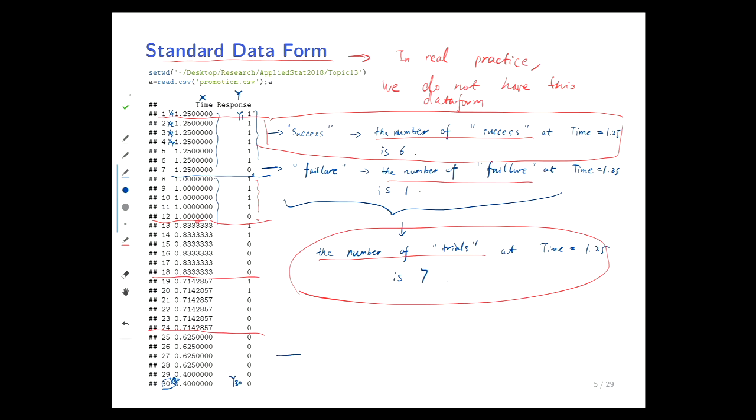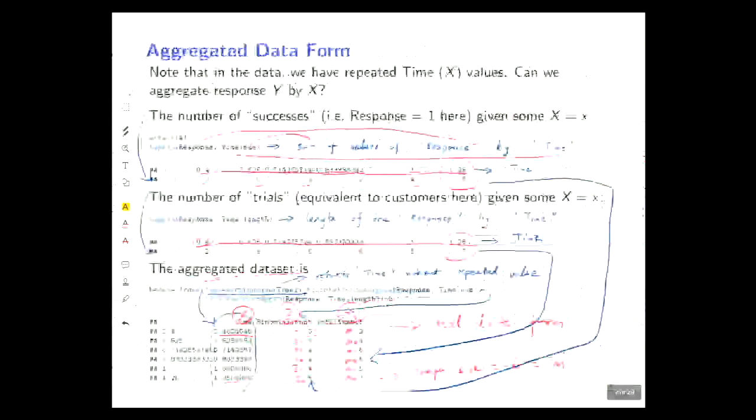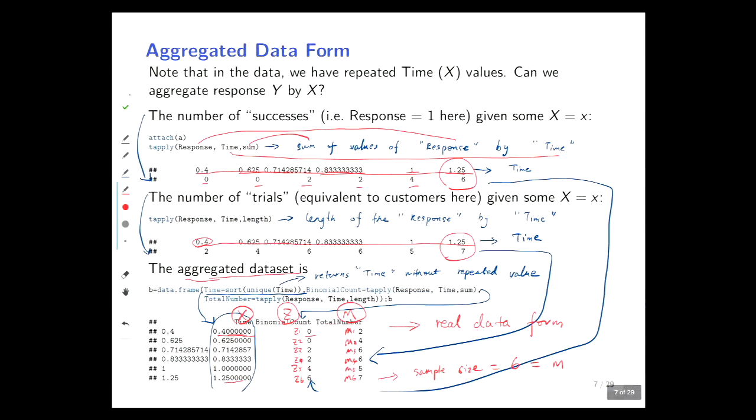So in this case, we have the sample size, here we use small n, the lowercase n, equals 30. So you need to be very careful about the notation here, because when we have this aggregated data form, we actually have a different sample size compared to the previous one.